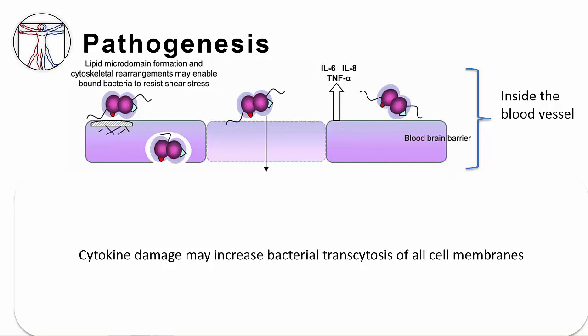However, as part of the immune response, cytokines are released, which results in changes in the tight junctions between the endothelial cells, and leukocytes can migrate into the CNS via chemotactic gradients. So the bacteria can actually take advantage of this change in the tight junctions and pass into the CSF, or they may hook a ride on some of the leukocytes that are coming in to the CSF from the blood.